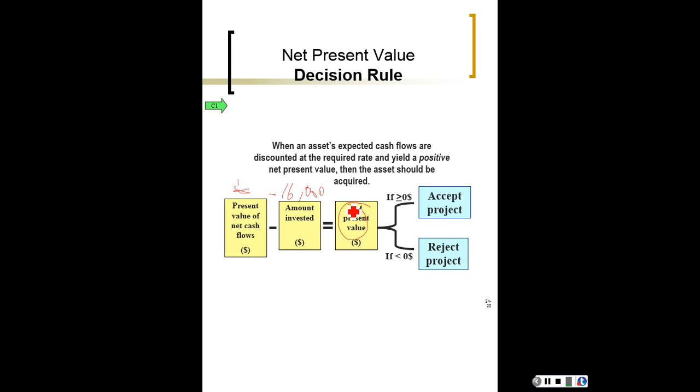We noted that was greater than zero, and so if that's the case, then we go ahead and accept the project. But when it's less than zero, that means we haven't recovered what we've invested, and we haven't recovered our hurdle rate as well, so then we would reject the project. Okay, so that is the net present value.